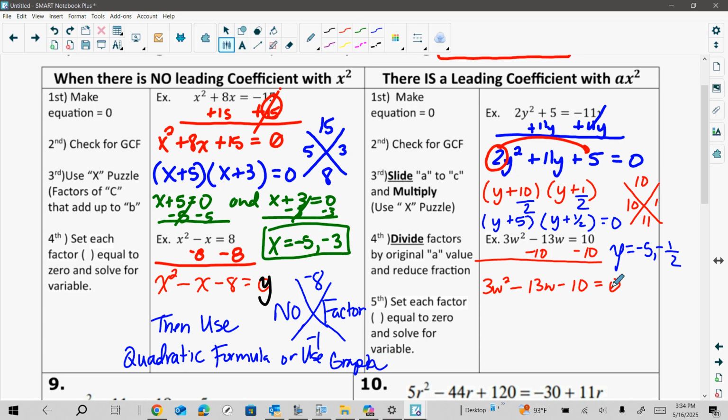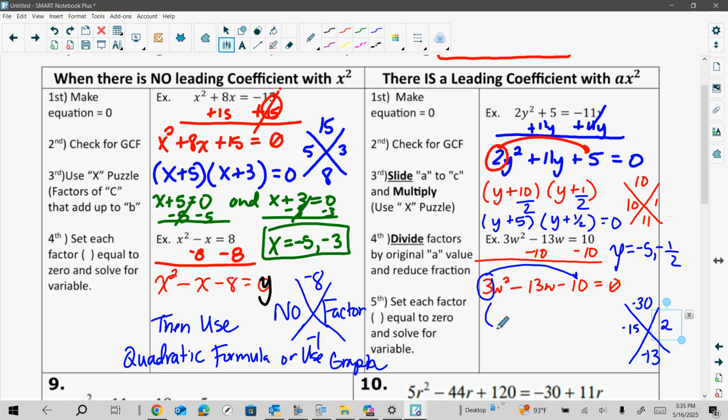And now we're going to slide and multiply, sliding our 3 over to this -10, make our x puzzle. So -30, -13. So factors of a -30 with the sum of a -13. That would be -15 and 2.